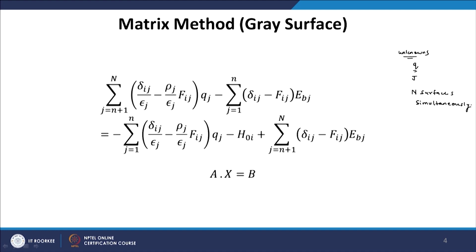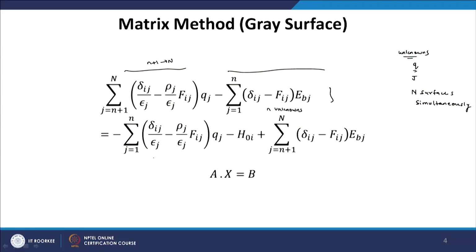So, as before we write the equation for the unknowns. The first n unknowns contain the unknown MSC power, the second term on the left hand side contains n unknowns. So, we have these n unknowns here in terms of the MSC power, okay, and the next n plus 1 to N unknowns contain the unknown heat flux as the variable. So, the total size of the matrix that we will form in this case for the grey surfaces will be capital N. Okay.